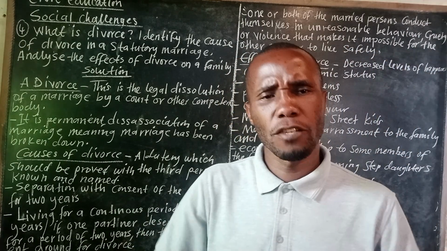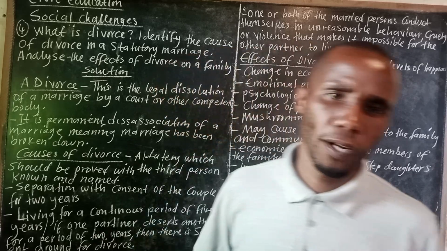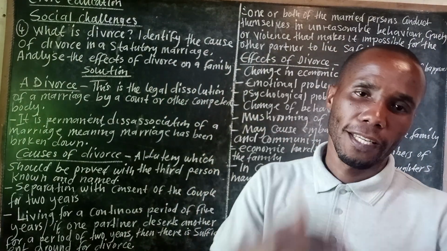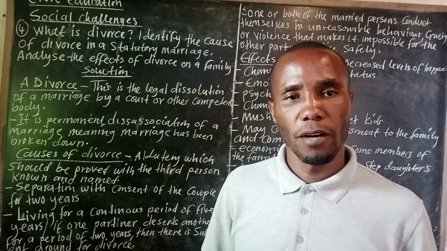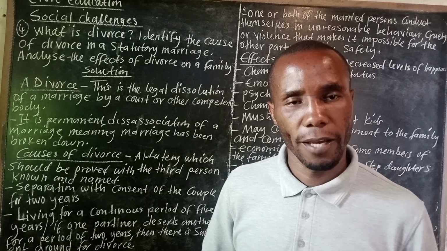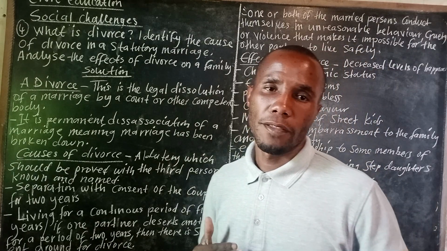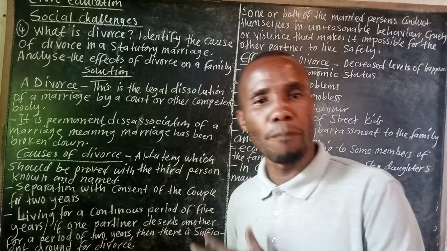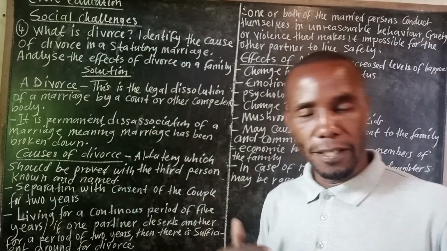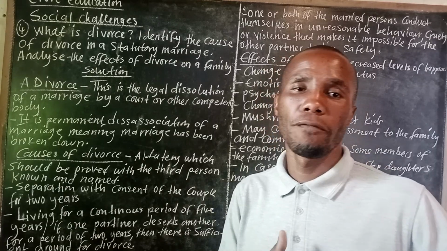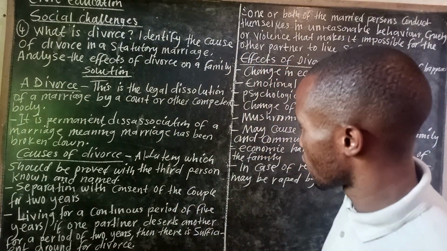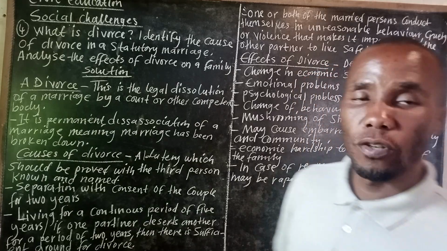But that separation should not go beyond 2 years, because once it reaches there, it means you have reached the level at which you can divorce. So the period is just from the time you have separated up to 2 years. Once it reaches 2 years, you can even divorce.